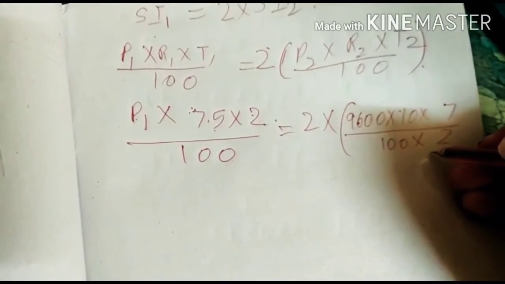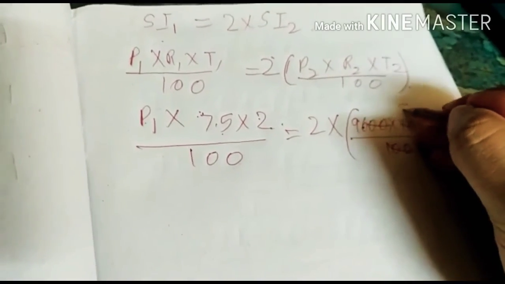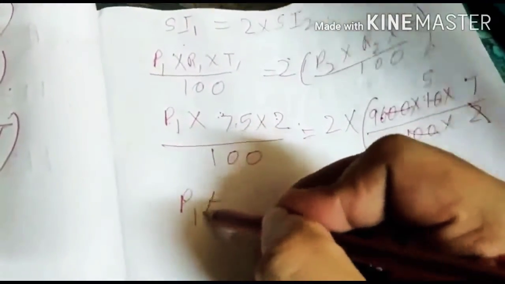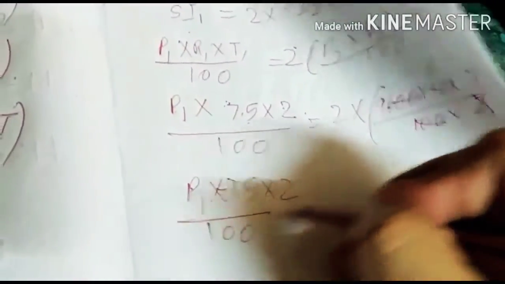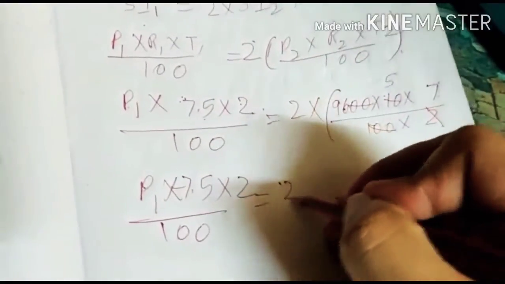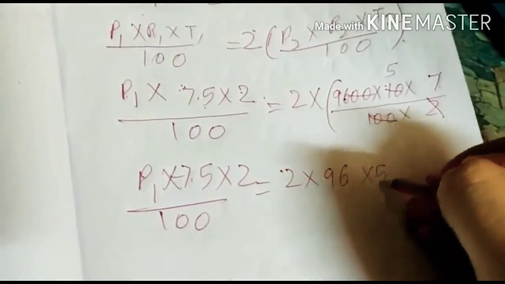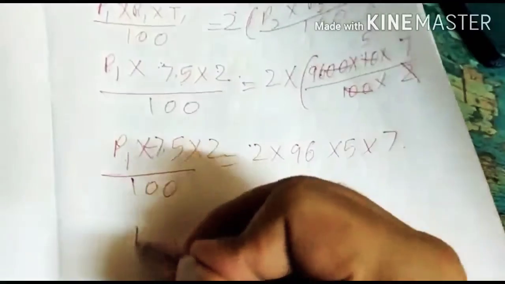Okay, so this is reduced by this 2 and this 5. So we are left with P1 into 7.5 into 2 upon 100 equals 2 into 96. Don't multiply them, keep them the way they are, into 5 into 7.